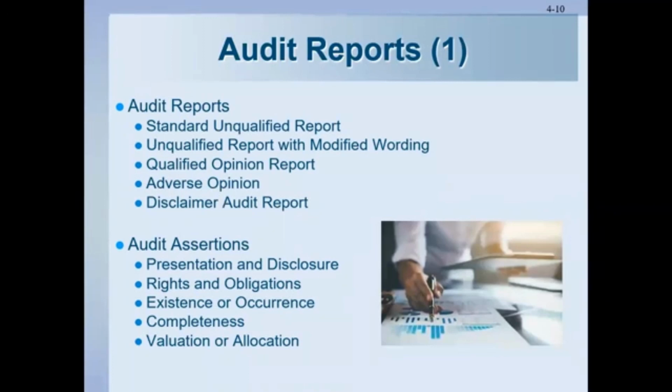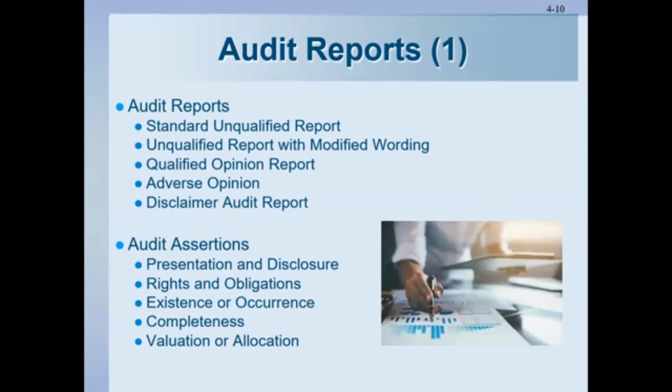According to the text, the auditor communicates his conclusions by issuing an audit report. The 5 primary audit reports are the standard unqualified report, unqualified report with modified wording, qualified opinion report, adverse opinion, and disclaimer audit report.